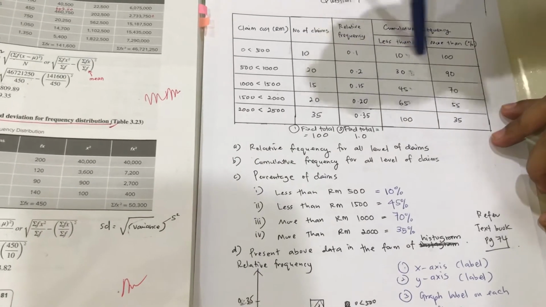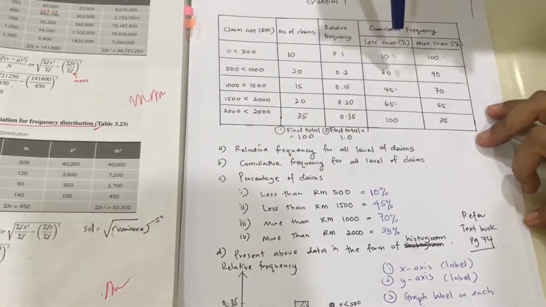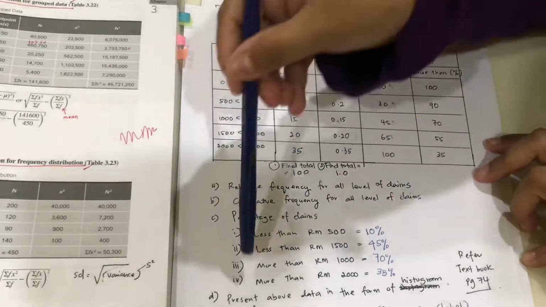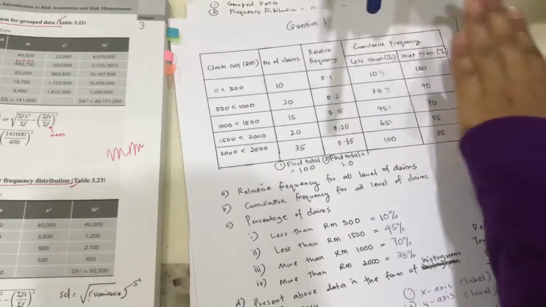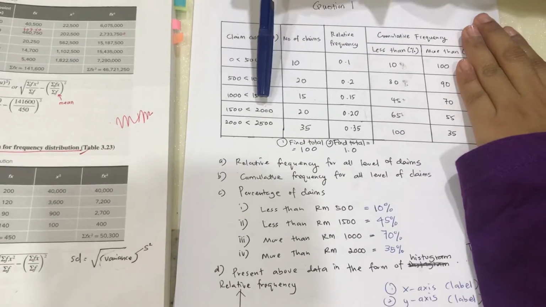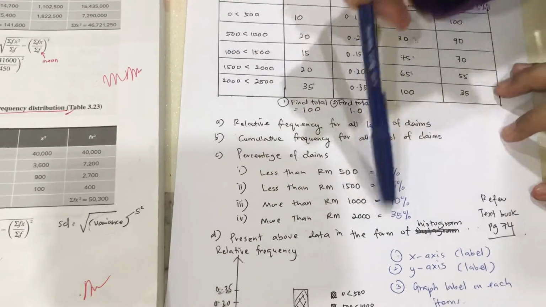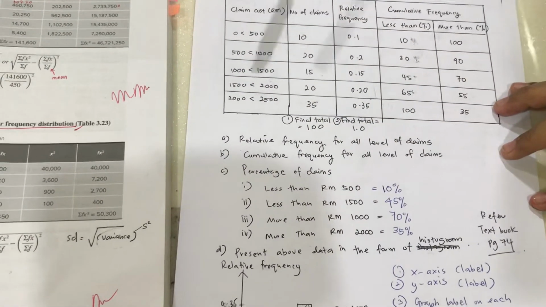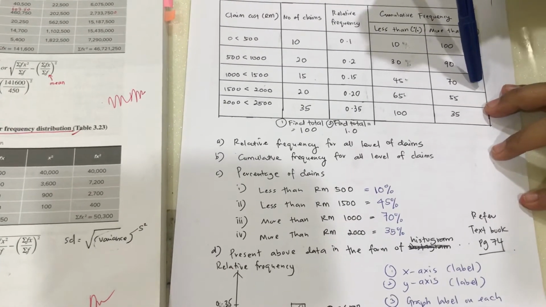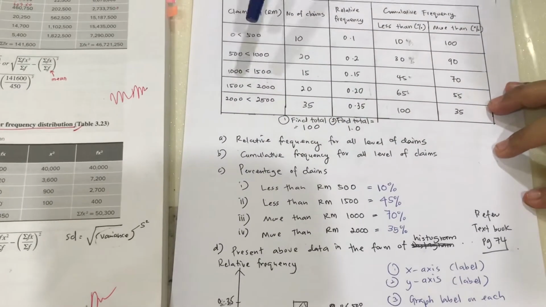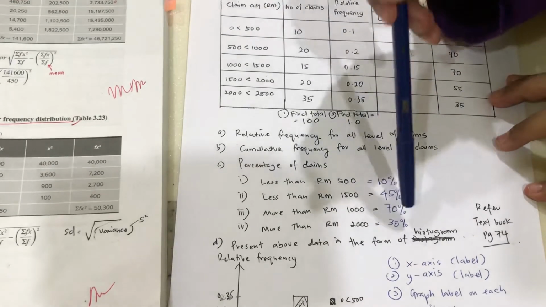Next to the less than column is the more than column. The second one is less than 1500, which here is 45%. The third one is more than 1000. Here in the more than column, the value 1000 falls under this category, so your answer is 70%.